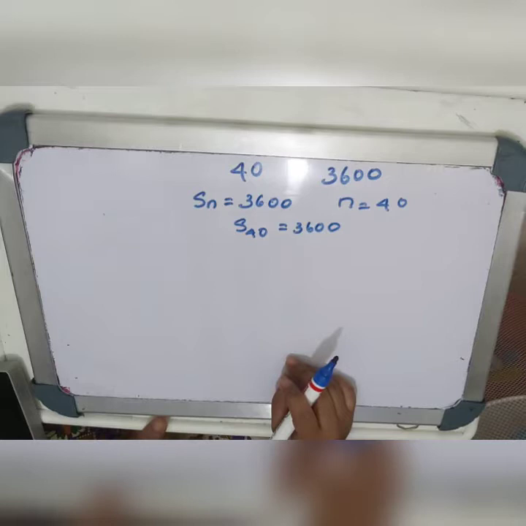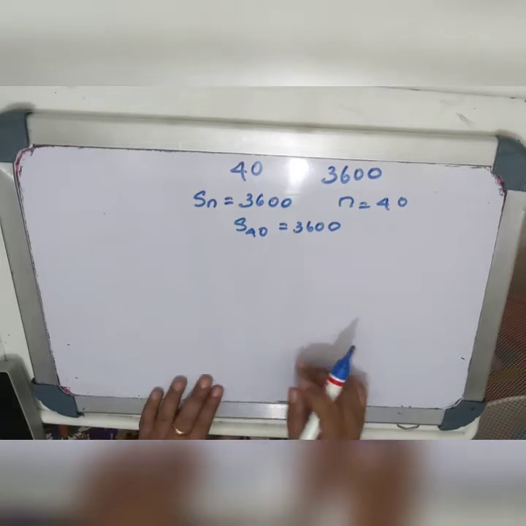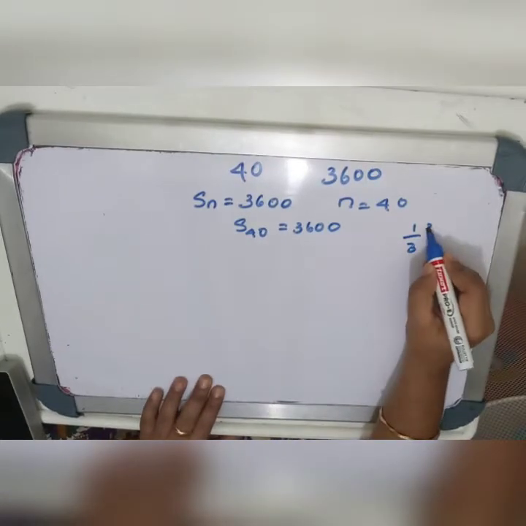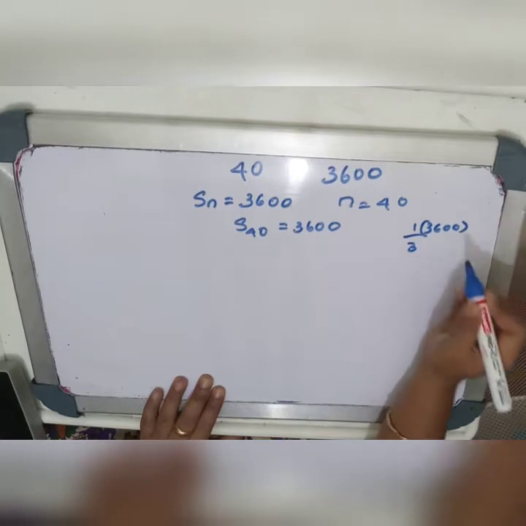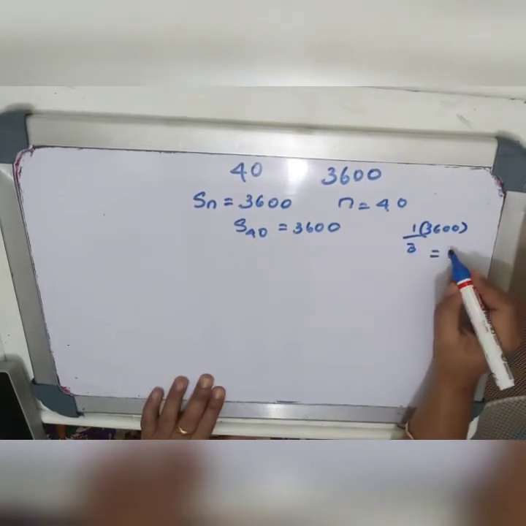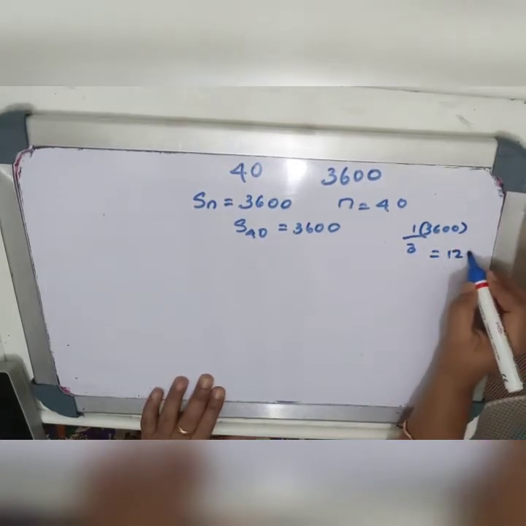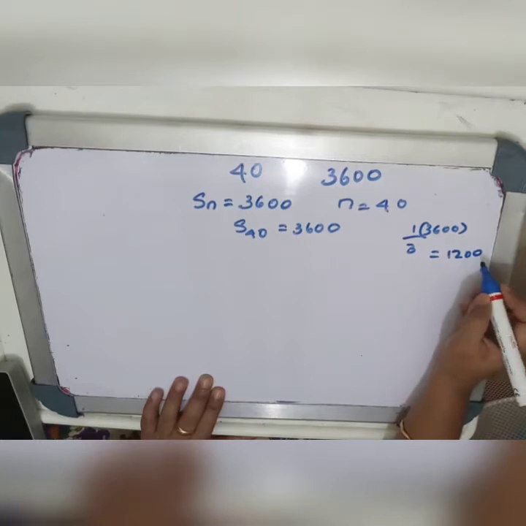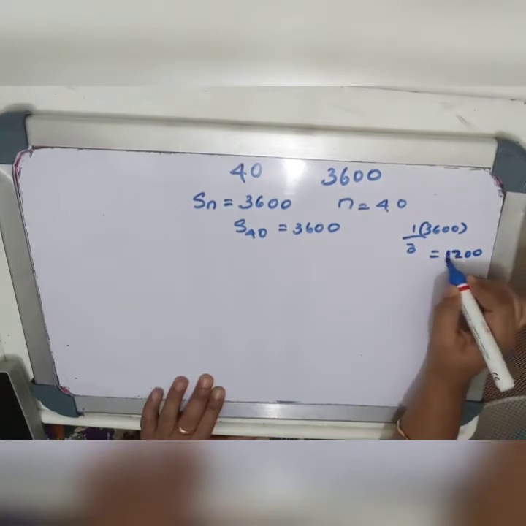After paying 30 installments, he dies. And what is the amount left behind? The amount left behind is 1/3 of the total payment. 1/3 of 3600 is 1200 rupees. So this is the amount.